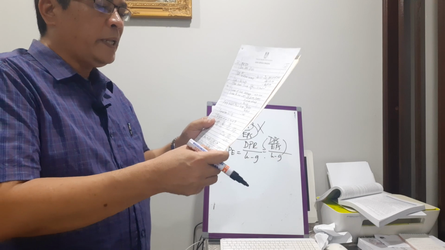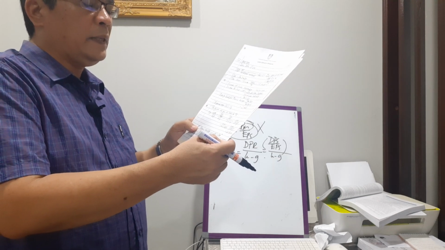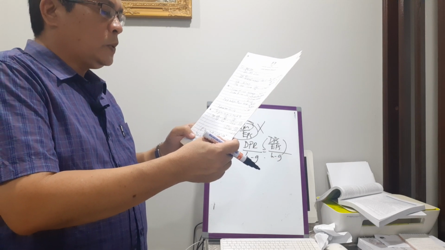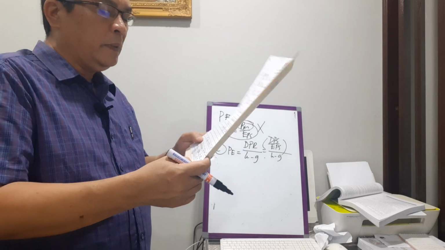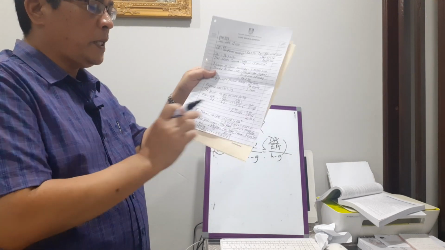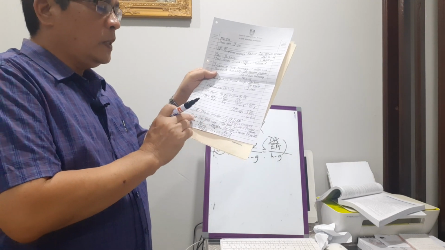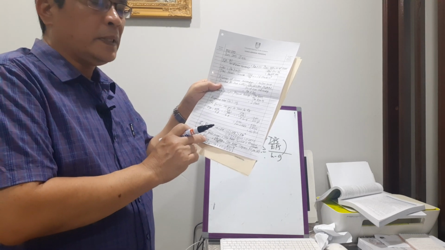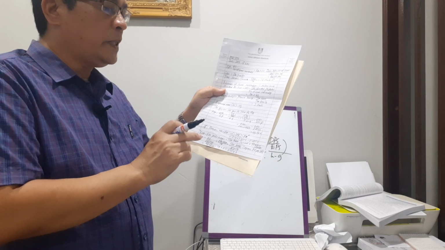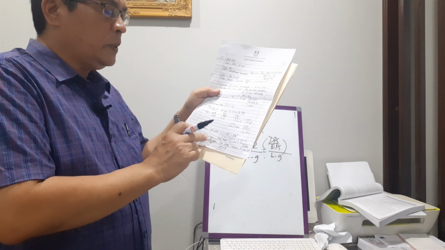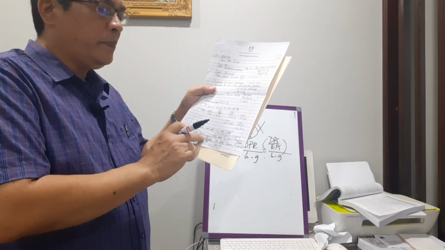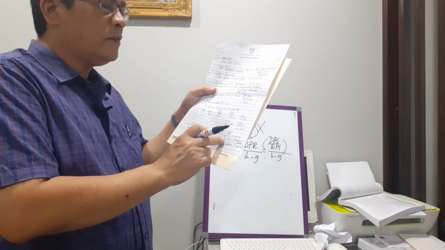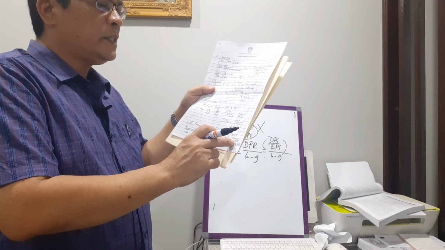A bit more complicated is how to calculate ROE. For that, you use the Du Pont technique that I mentioned just now. ROE is equal to net profit margin multiplied by total assets turnover multiplied by financial leverage.